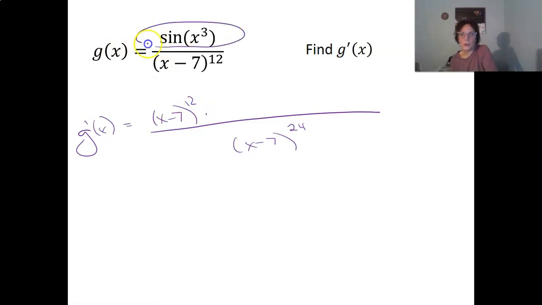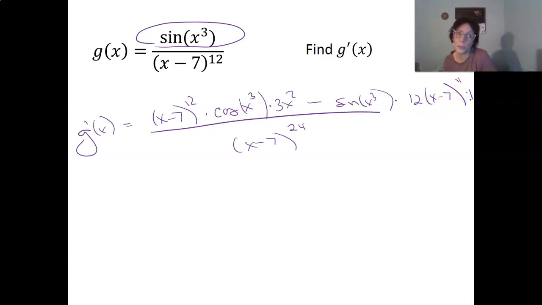so denominator times derivative of numerator. The derivative of my numerator is going to require a chain rule. I have the sine of x cubed, so I need the cosine of x cubed, chain rule, times 3x squared, minus my numerator times the derivative of my denominator, which is 12, x minus 7 to the 11th, and I need a chain rule, but good news, the derivative of x minus 7 is just 1, so even if you forgot to chain rule, you would be forgiven in that case.